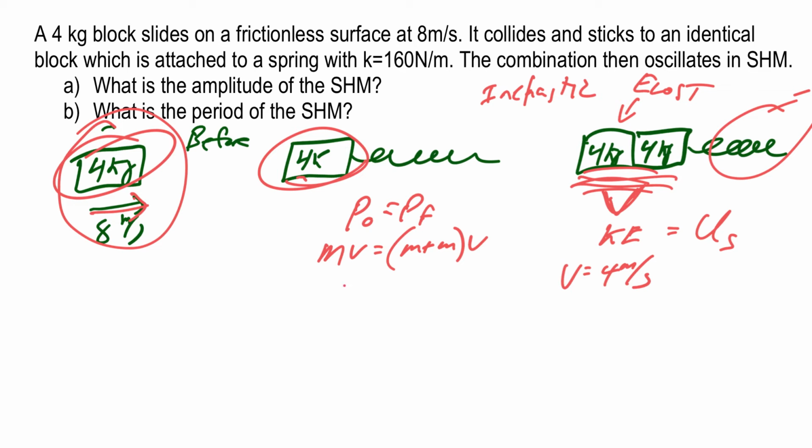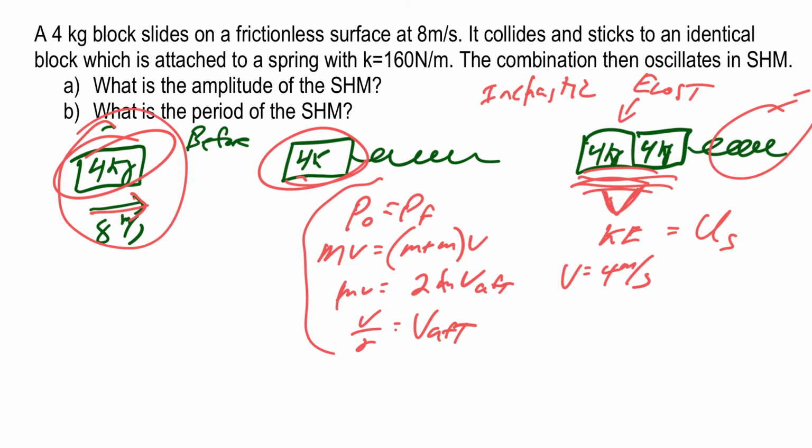So when you do that, you get m v equals 2 m v. And you can see that v after is equal to 1/2 of v before. So anyway, this is how you'd have to solve it if they gave you weird numbers, in other words, if the masses were different. But they didn't, so we know it's going to be 4 meters per second.